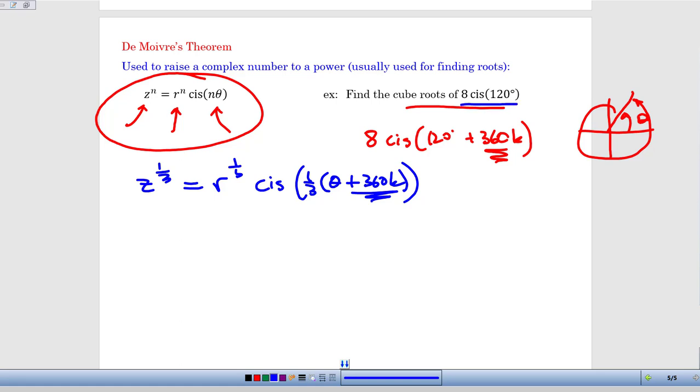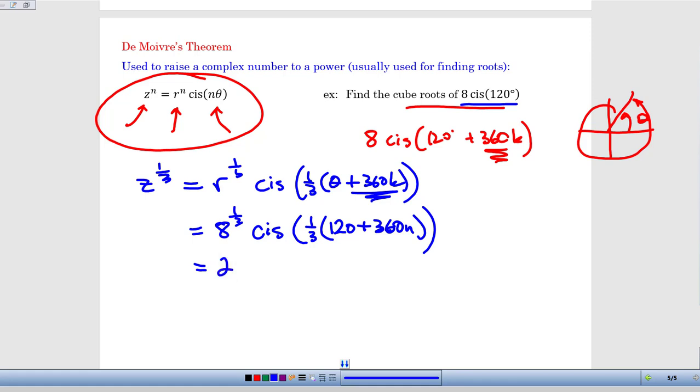So for this specific example, our r value is 8. So we're going to have 8 to the 1/3 power, and then cis, and then it's going to be 1/3 times 120 plus 360n. And so now if we continue with our simplifying here, the cube root of 8 is 2.